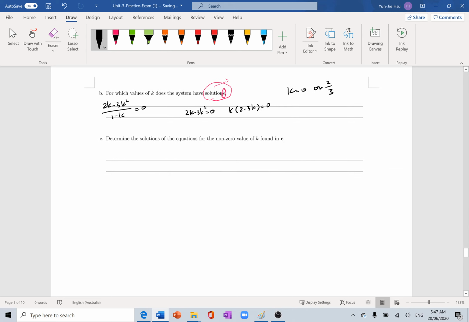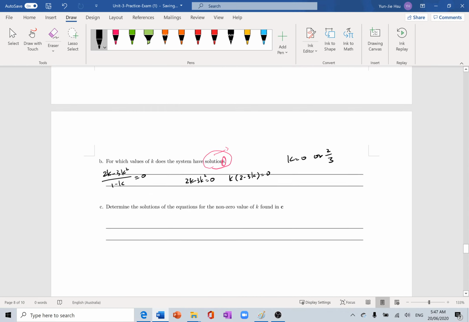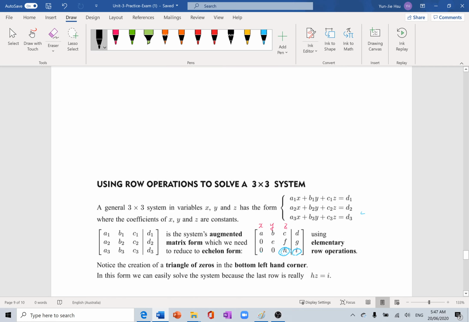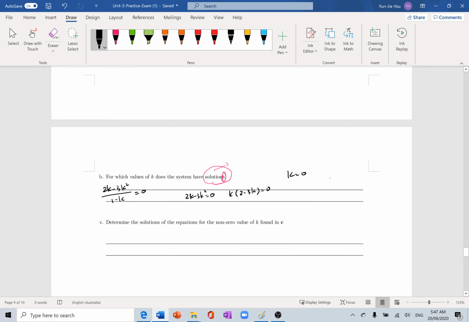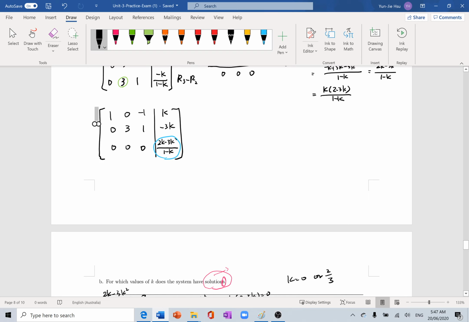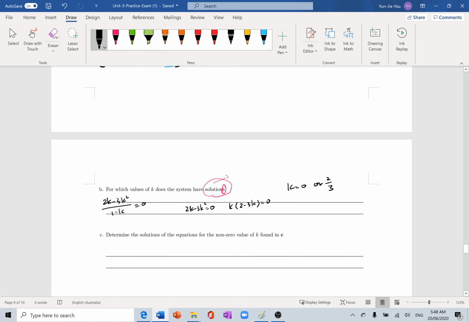Okay, C. Determine the solution of the equation for the non-zero value of k. Find C. So we need to find the equation, so we write down this one. x minus z equal to, in C, right?